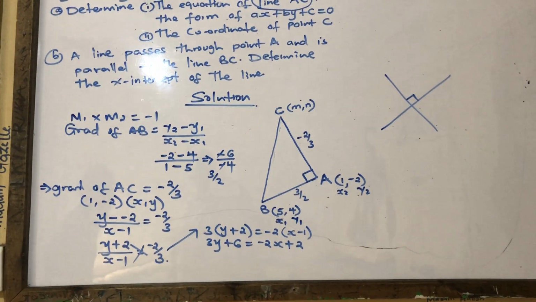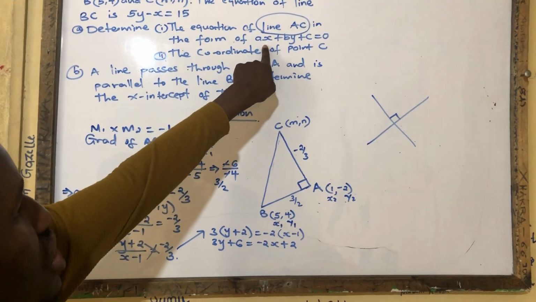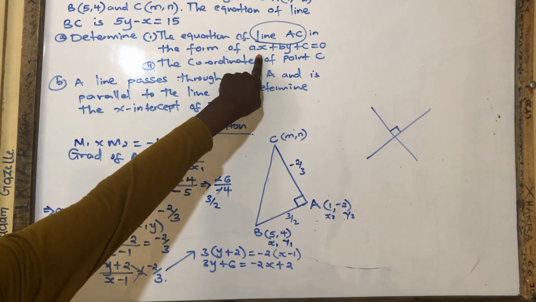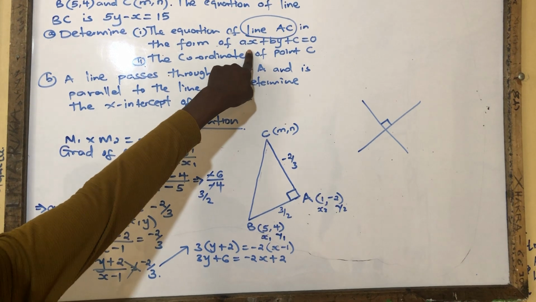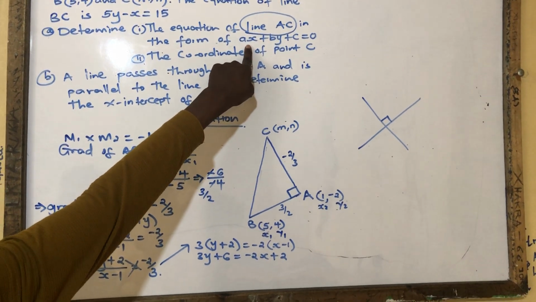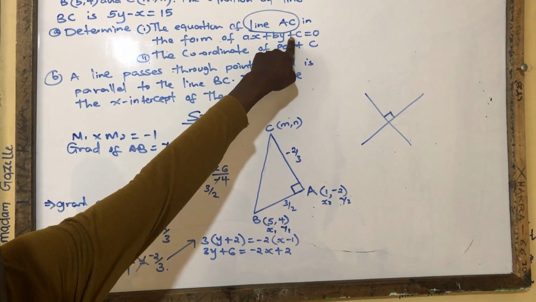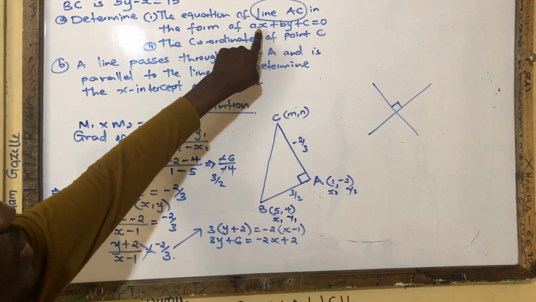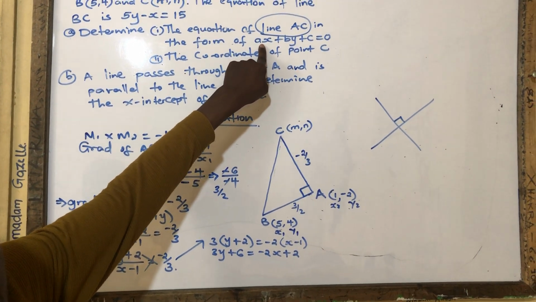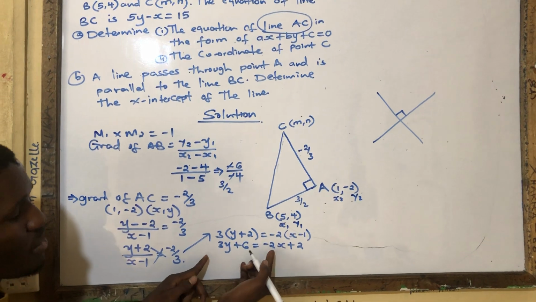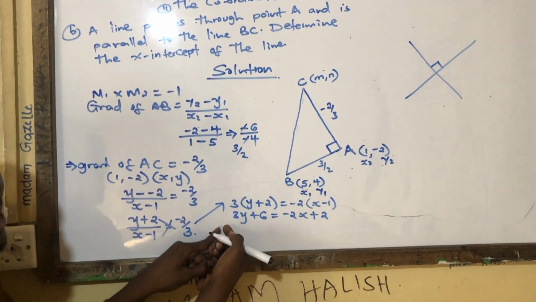Then what do we do next? The question gave us an order in which our answer was supposed to be presented. The question said the answer must come in the form of ax plus by is equal to c. That is to mean that which carries x should come first. In this case, it is the negative 2x. I will carry it over to this other side.